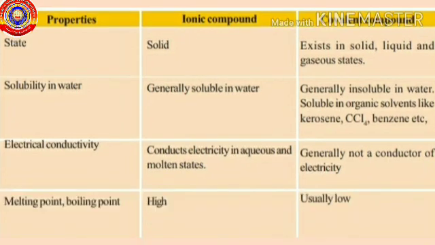And the last one, ionic compounds have high melting and boiling points, but covalent compounds usually have low melting and boiling points.